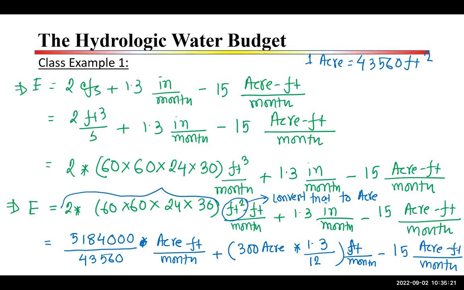Now, if you look at all the units, they are in the same unit now, acre feet per month, all three. Now, your task is to give me the final number for each of these. Then if you just find the final number, that's it.